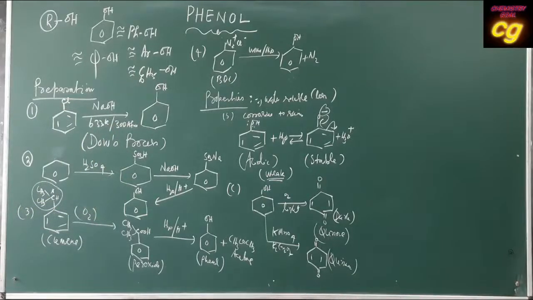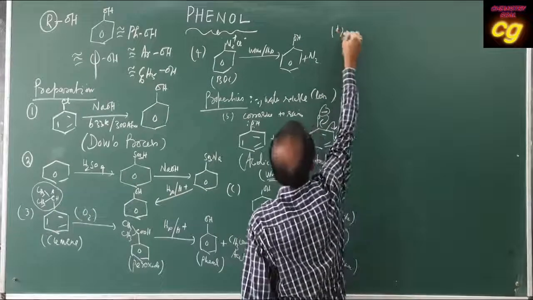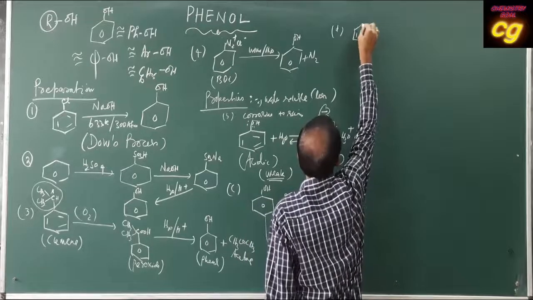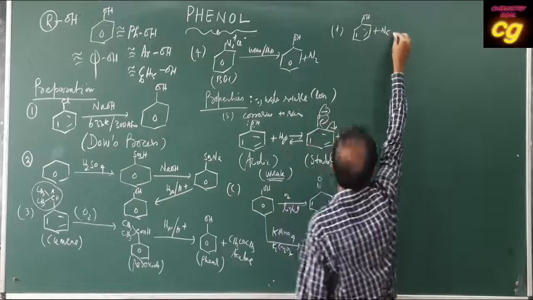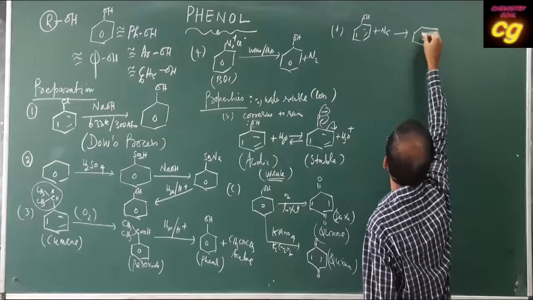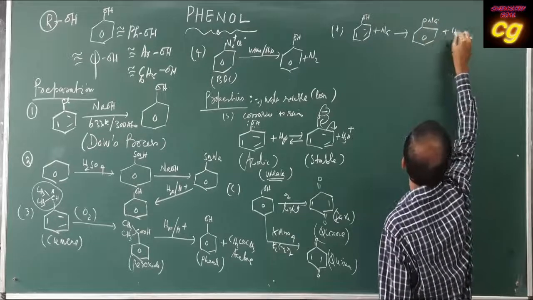As phenol is an acid, it reacts with metals. It reacts with sodium metal, producing the sodium salt of phenol, and hydrogen gas is produced.